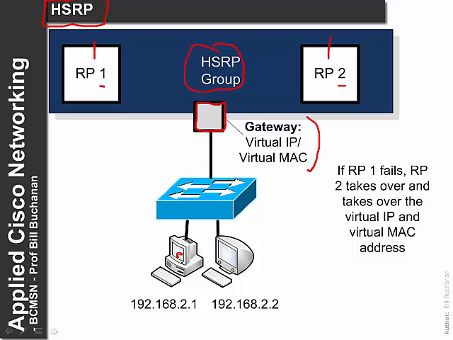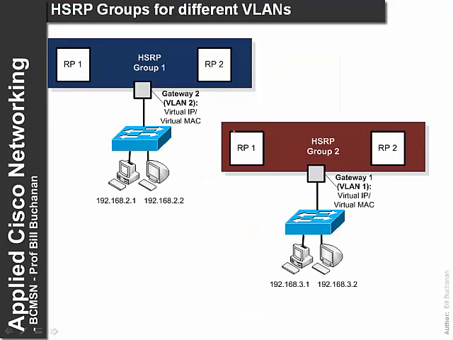So as far as these nodes are concerned, they will communicate with this gateway. So if this device was to fail, then this device will still be able to route from that virtual gateway. Same again, if RP2 fails, then RP1 will service this gateway. So we have a virtual IP address and a virtual MAC address.